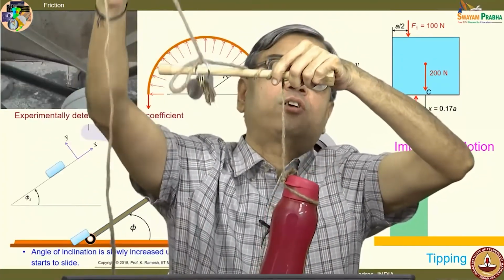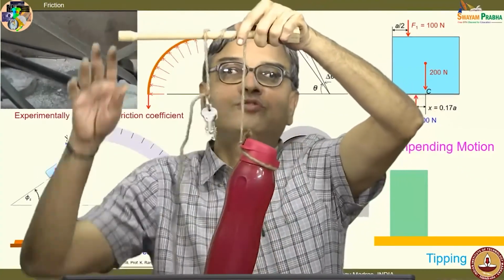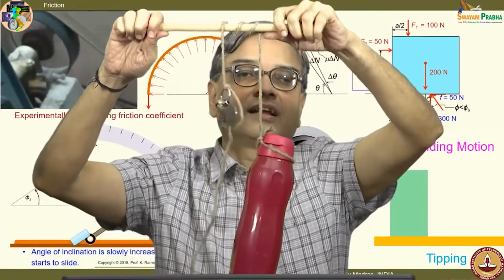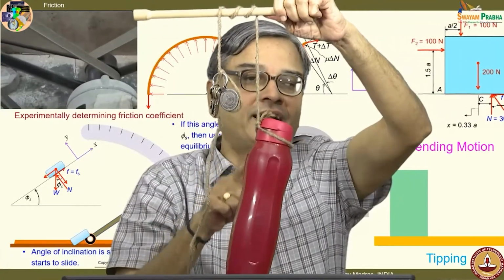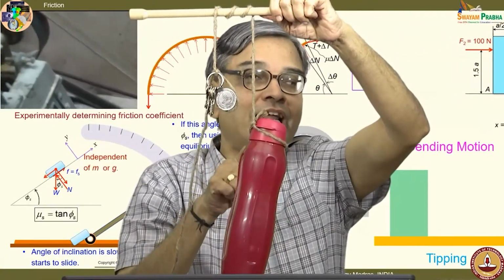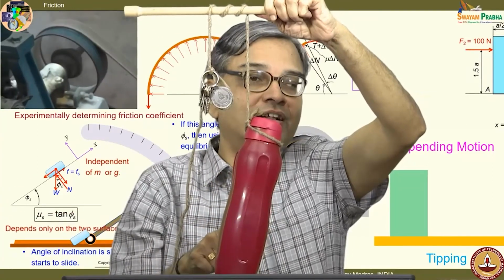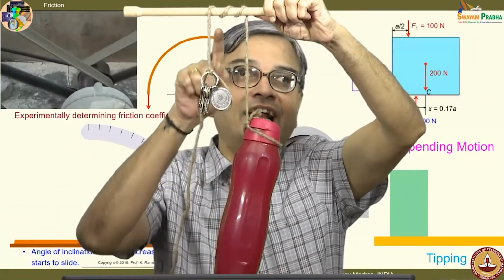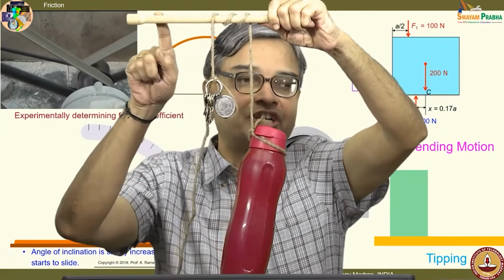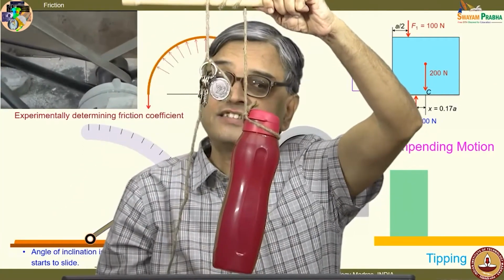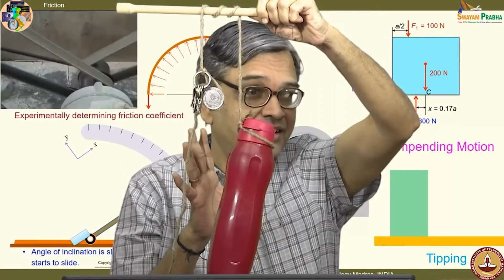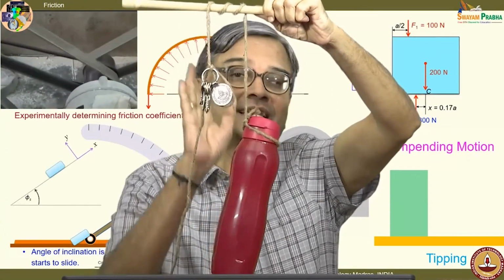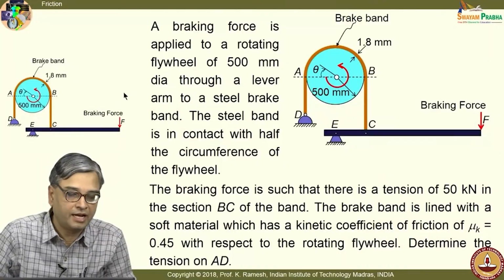I put another round, and you see here I have only 80 grams supporting 1 kilogram of weight, and this is having a friction aid. It looks very surprising, fine. We will go and investigate the mechanics of it.